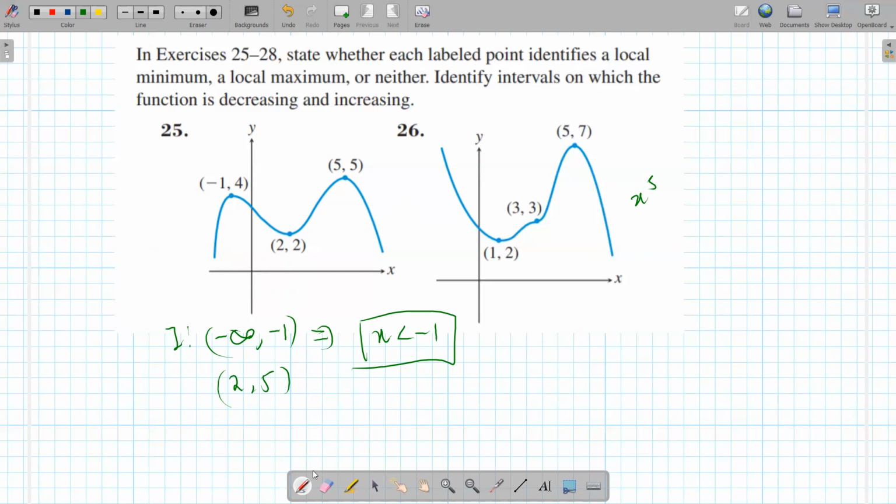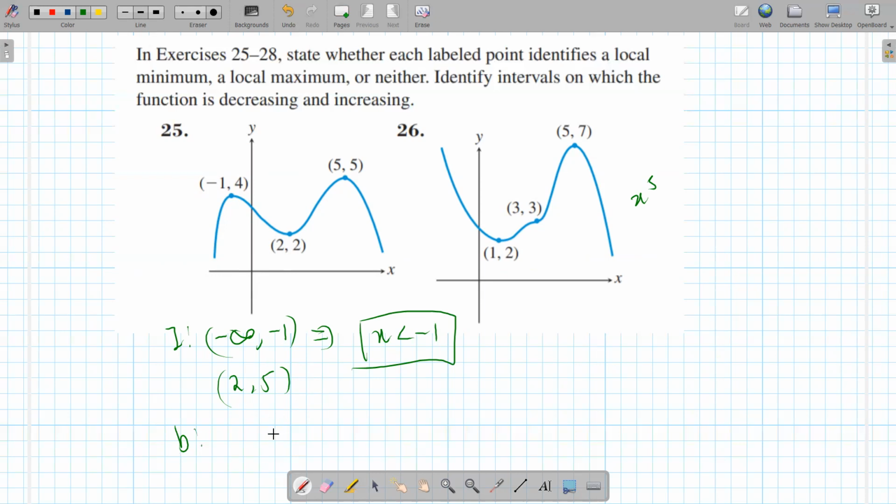Okay, and where is it decreasing? Tell me for 25. It's decreasing in, well, the 5 and 5, right? Yeah, but we need an interval though, between 2 different x values. Okay, so wouldn't it be 5 and positive infinity?